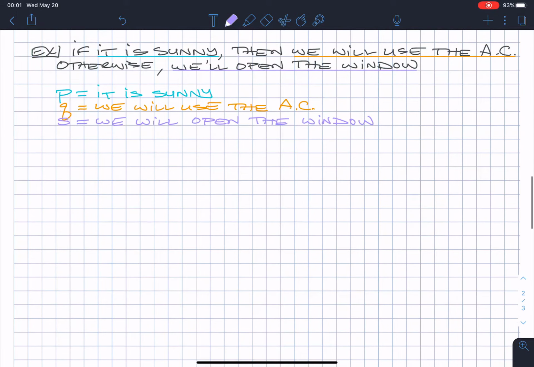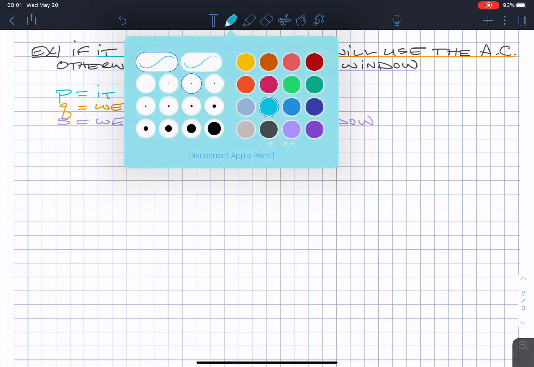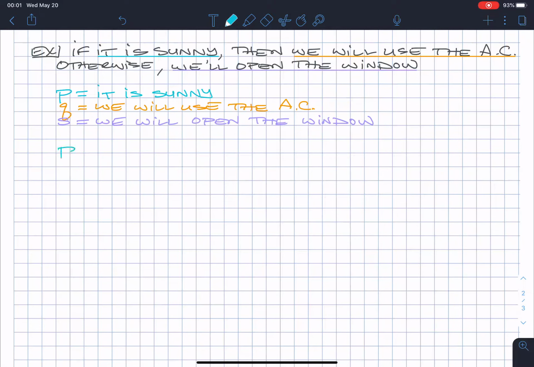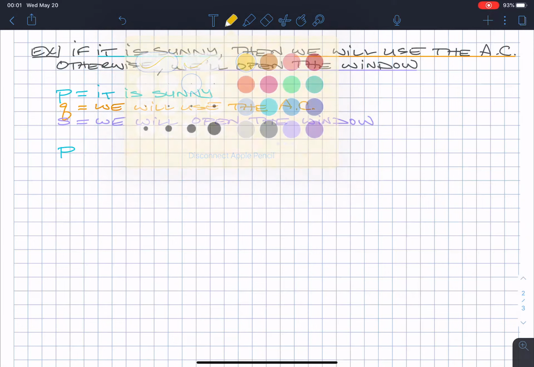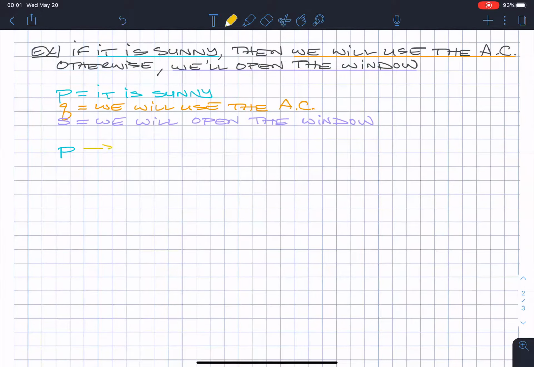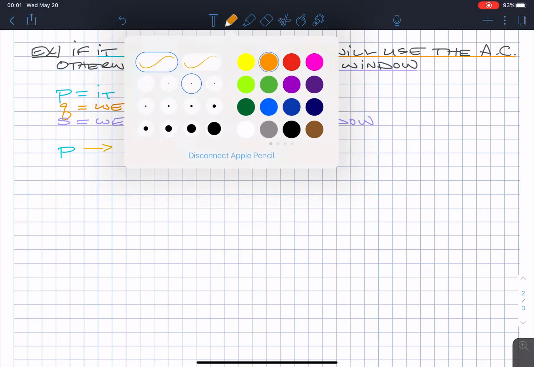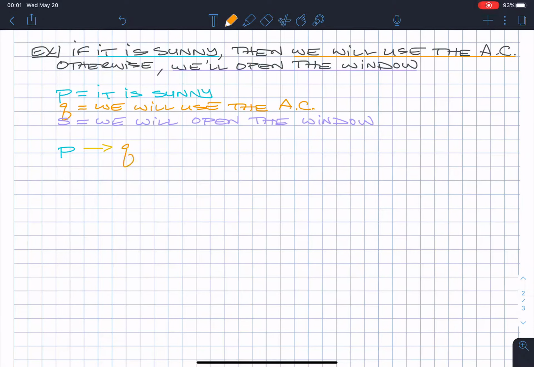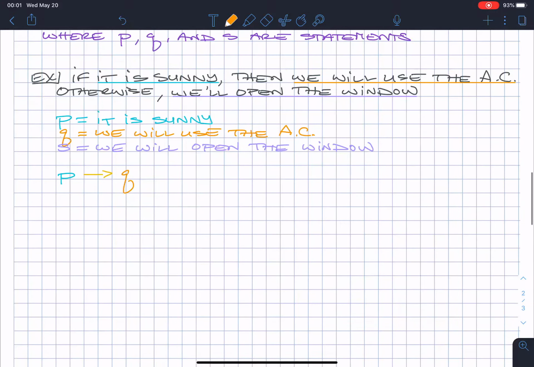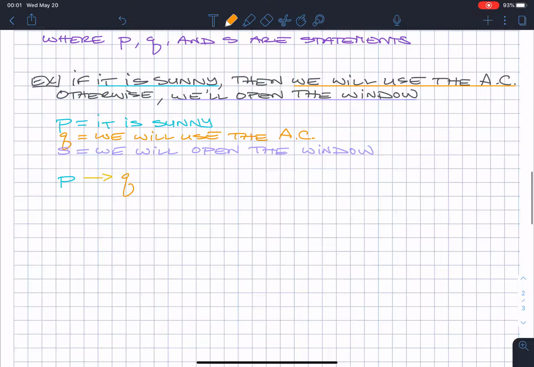Okay, so I claim that I can rewrite this statement as P right arrow Q. That alone says if it is sunny, if P, then we will use the AC. So remember, the arrow is the if then. So if P, then Q. If it is sunny, then we will use the AC.